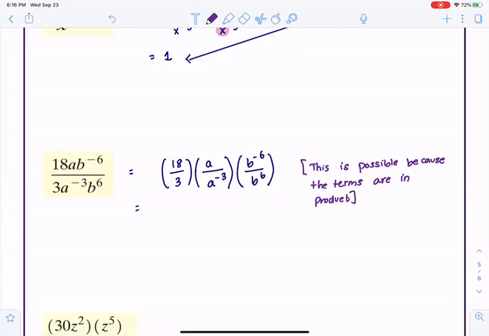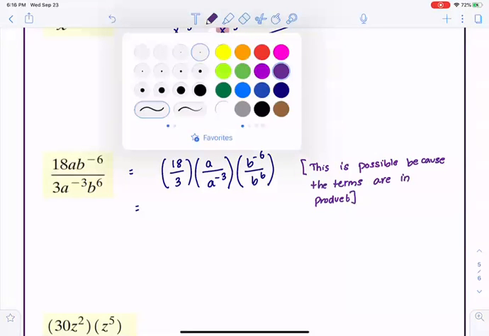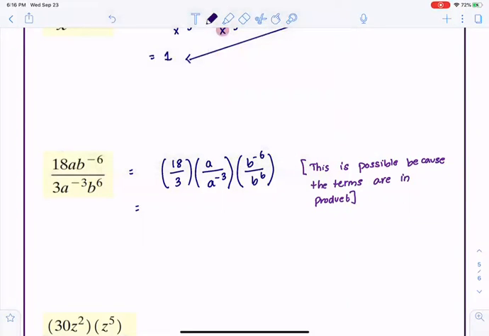This is only possible because the terms are in product. Otherwise, we can't do it. So going back, we can simplify each term.